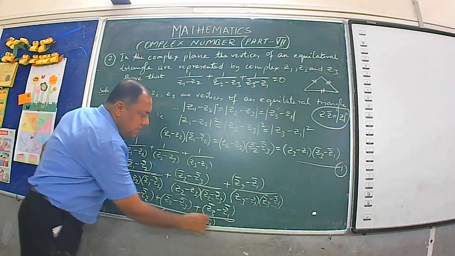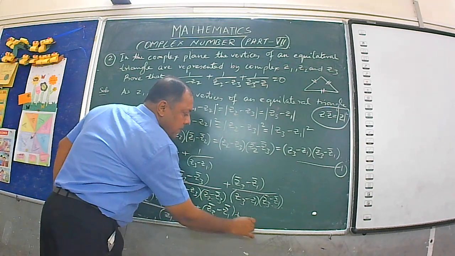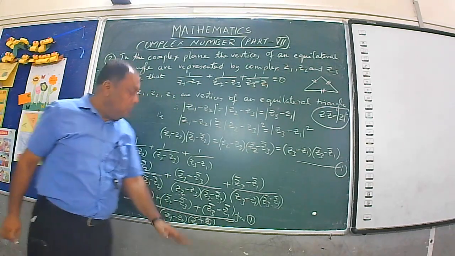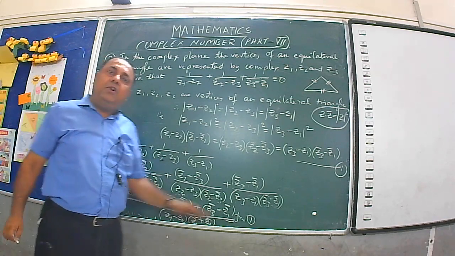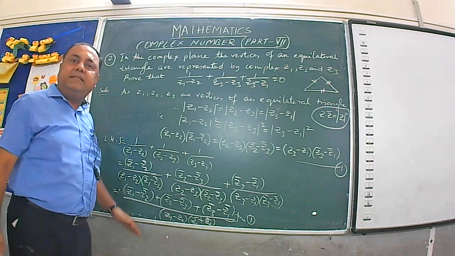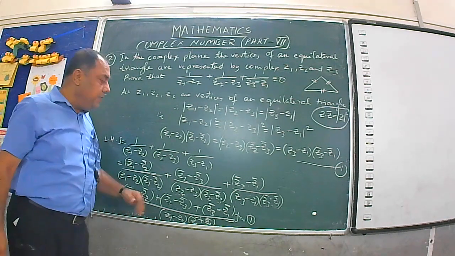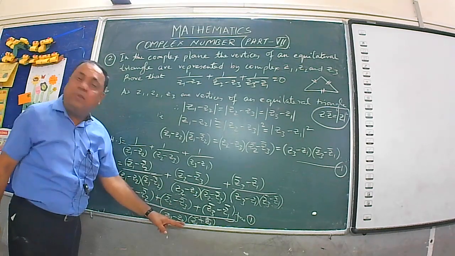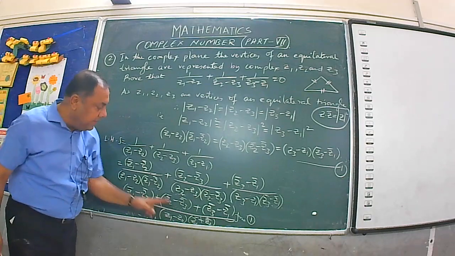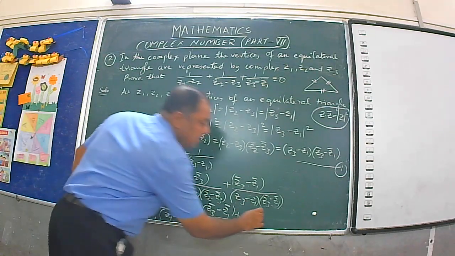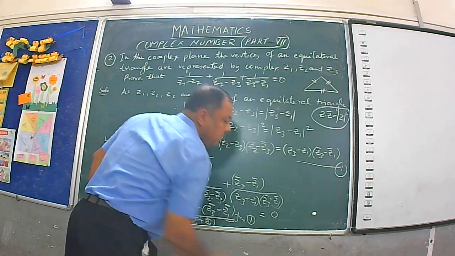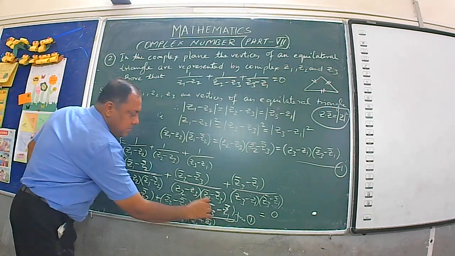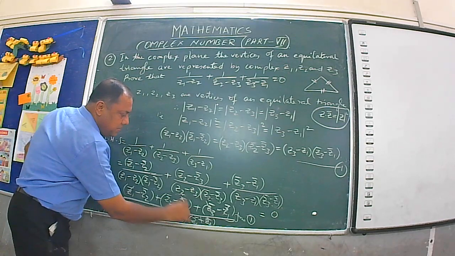All the three quantities from 1 are equal, so the denominators of all three are equal. Then the denominator remains the same, and my numerator is now equal to 0, because these cancel with these, and this cancels with this.